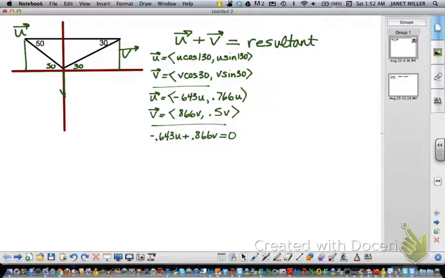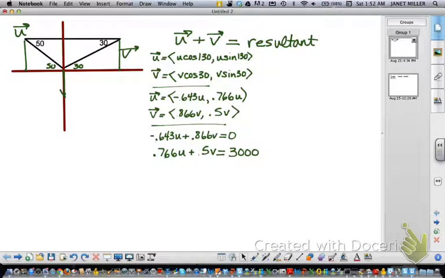And then we're going to add our y components, which will be 0.766u plus 0.5v, and the weight of that thing that's being held up is 3,000 pounds.